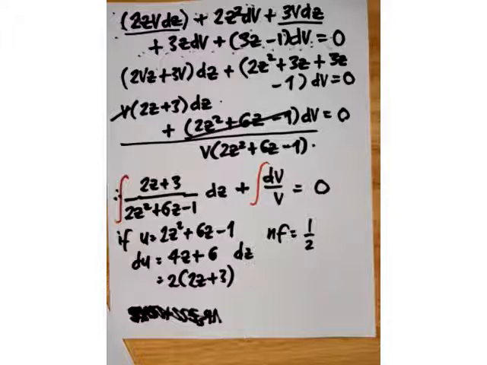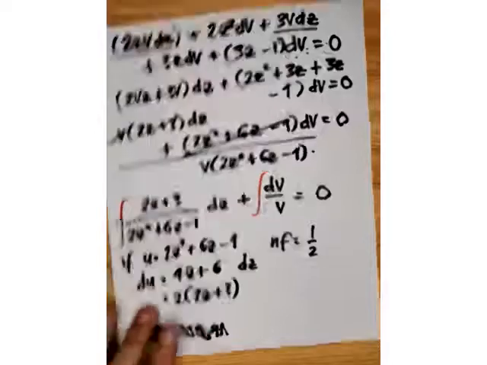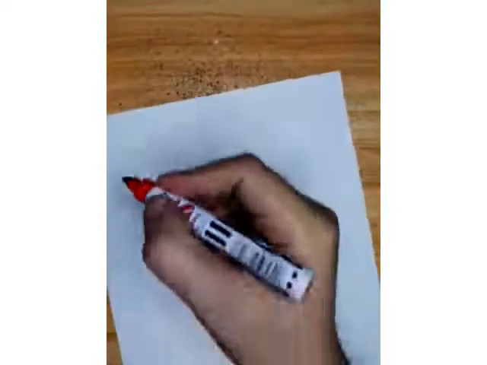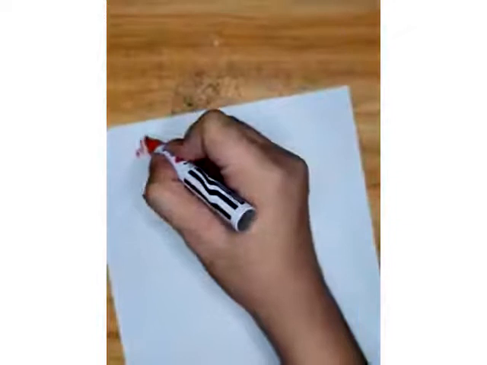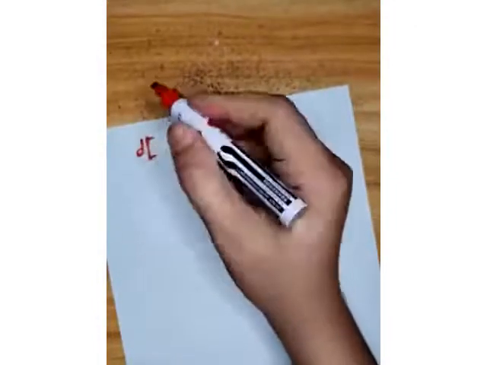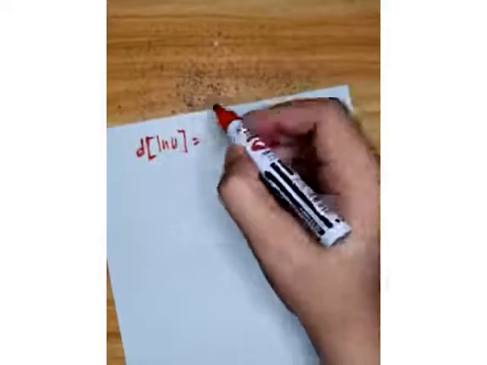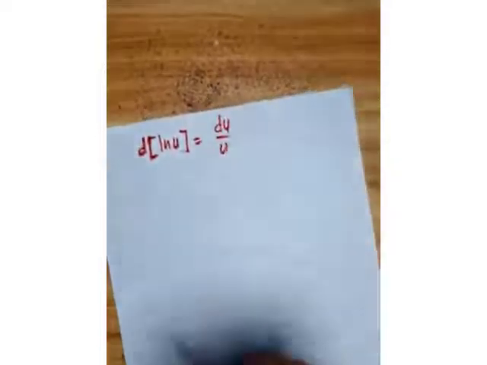Okay, I am listening. I am reading. Ano ba ang formula kasi ng ating ln? Ang derivative ng ln of u is equal to du over u.